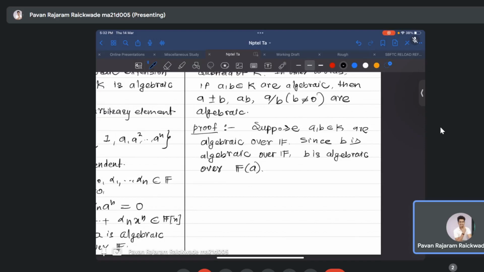Now B is algebraic over F(A). What does it imply? It implies F(A)(B) is a finite extension of F(A).